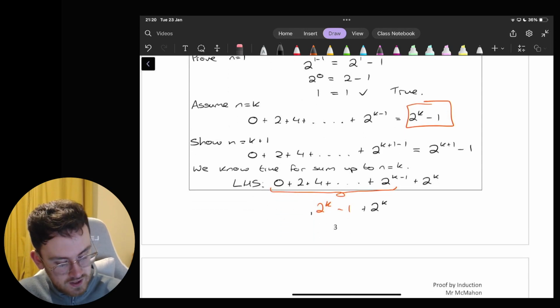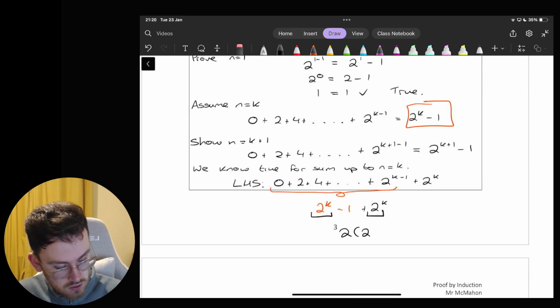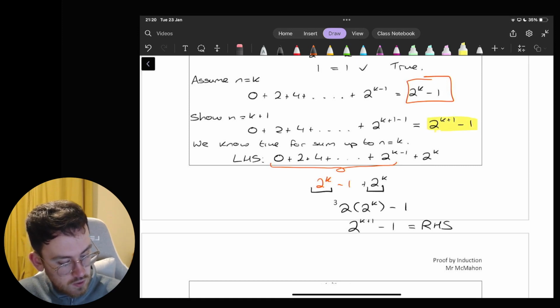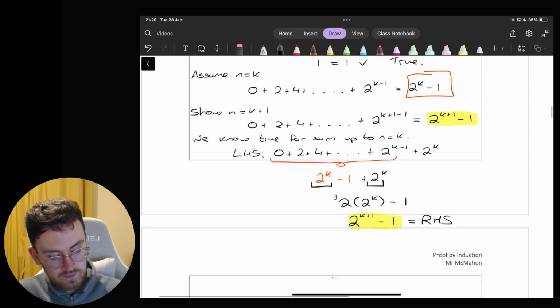Now, if we look here, I have 2 to the power of k plus 2 to the power of k, which overall gives me 2 to the power of k plus 1, minus 1. And this can be rewritten as 2 to the power of k plus 1 minus 1, which matches up with the right-hand side as required. Okay, this is what we were trying to show, and this is what we now have shown.